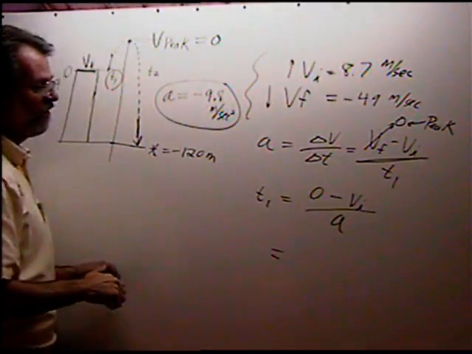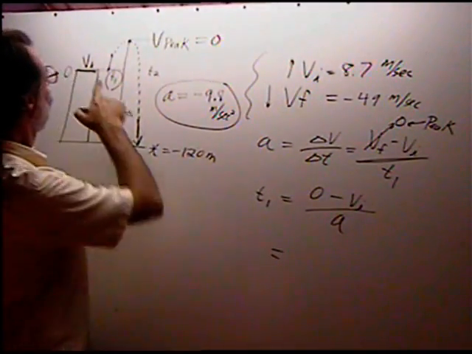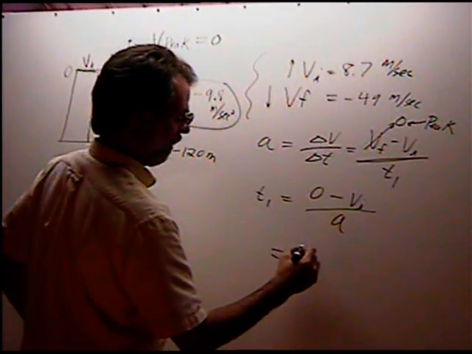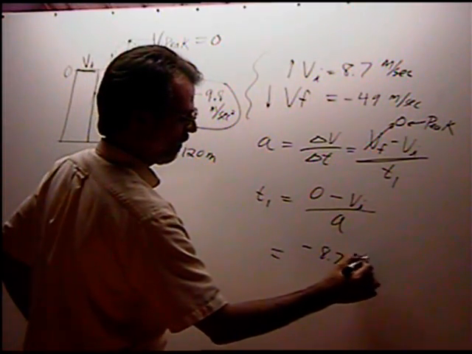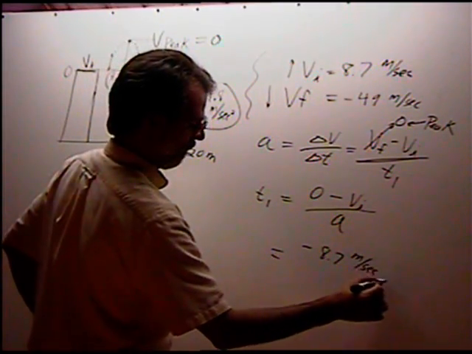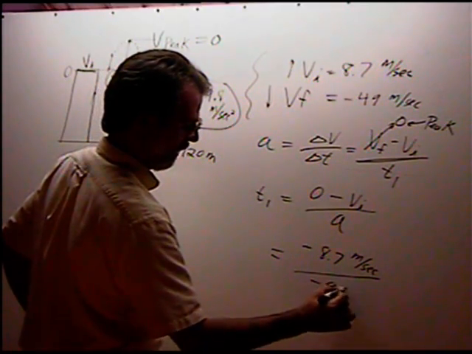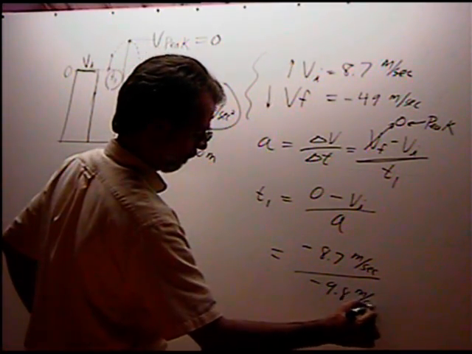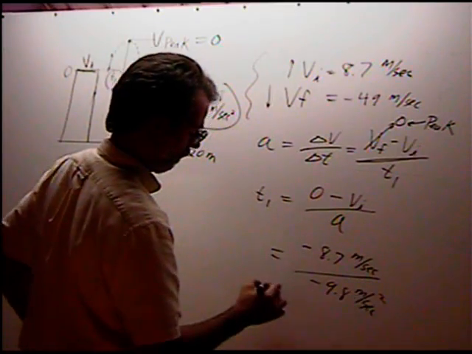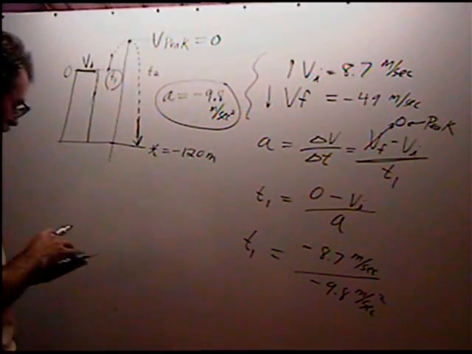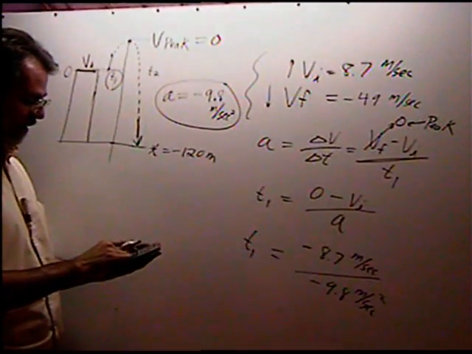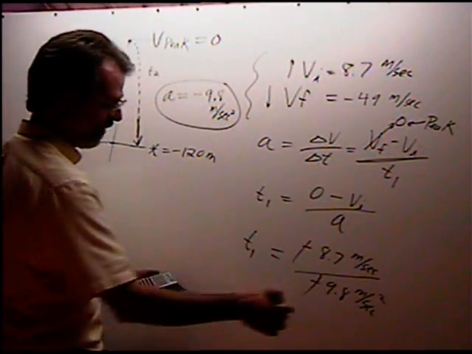Minus the initial velocity is minus 8.7, divided by minus 9.8 meters per second squared, and therefore, notice that the minus signs cancel out.